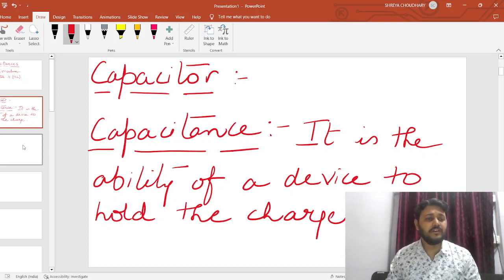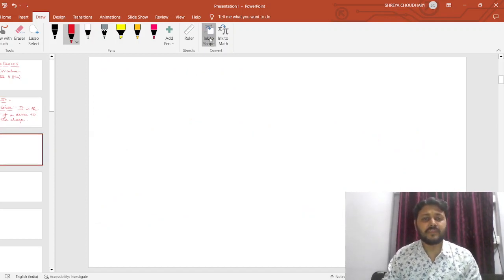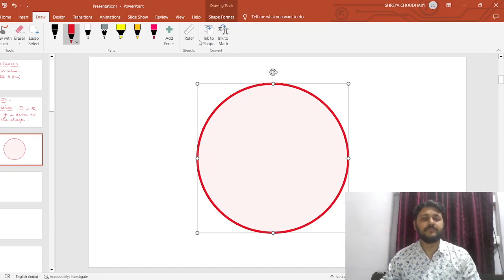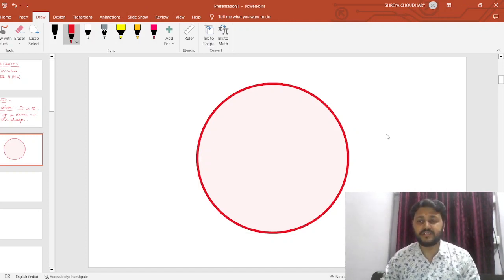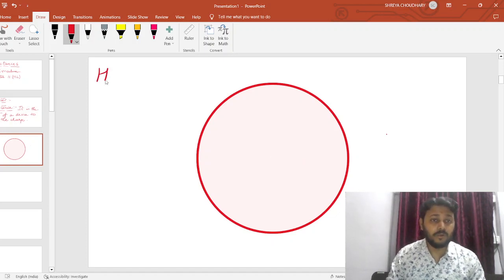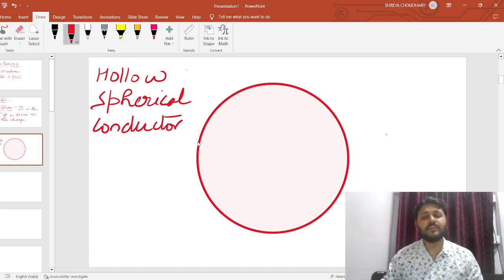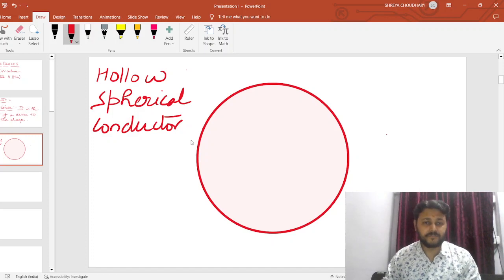Okay, so let us take an example. Suppose we are having a closed conductor, a hollow spherical conductor. Now we are going to give some positive charges to the conductor.